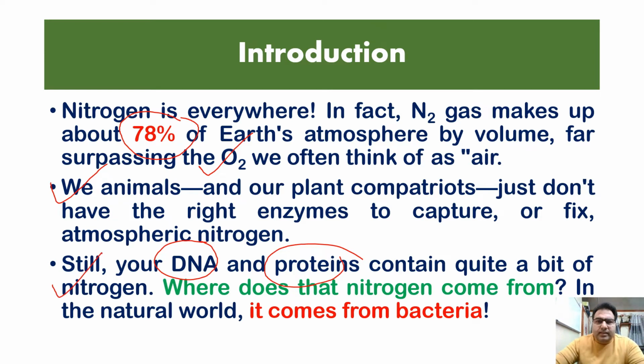Then from where does this nitrogen come? It comes from the bacteria. The helping agents are the bacteria which fix this nitrogen for us directly or indirectly: directly for the plants and indirectly for the animals.